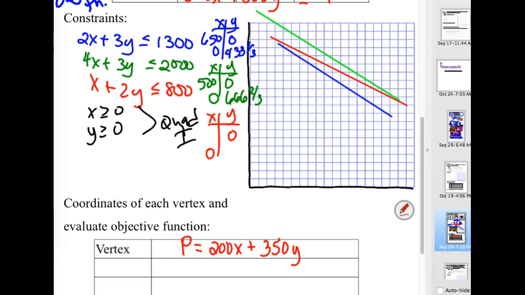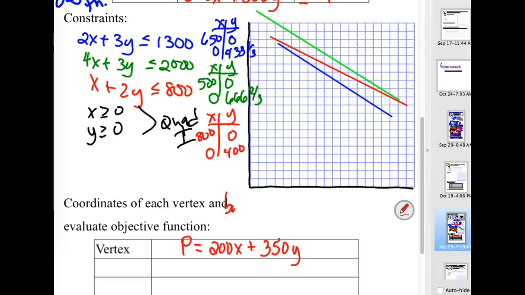Red. $433 and 1/3. Okay, so we need to get up to 800. So if we went by 50s, does that seem reasonable?